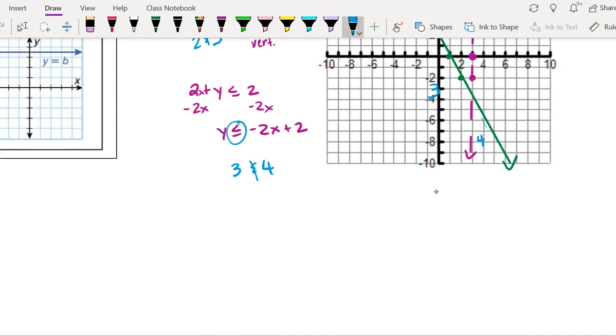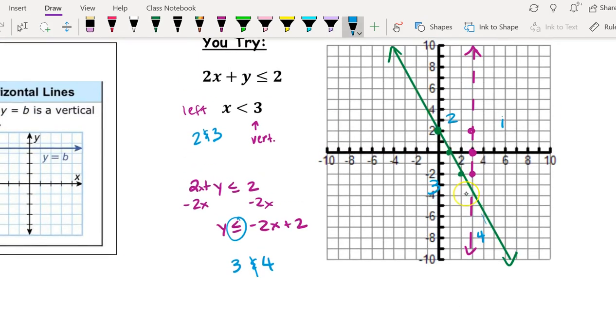So here's my green line, 3 and 4. So below it are the 3rd and the 4th region. And so what's the overlap? Region 3 is my overlap. So therefore my solution is everything up until the 2 lines.